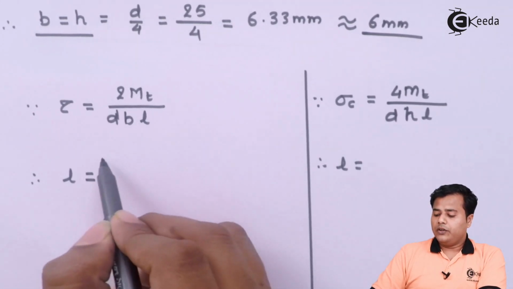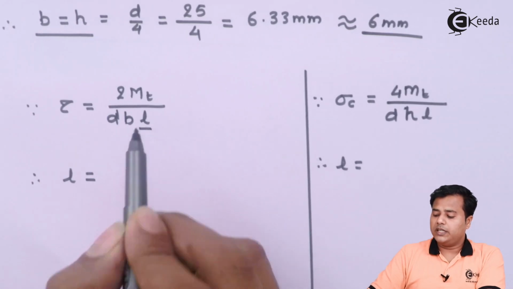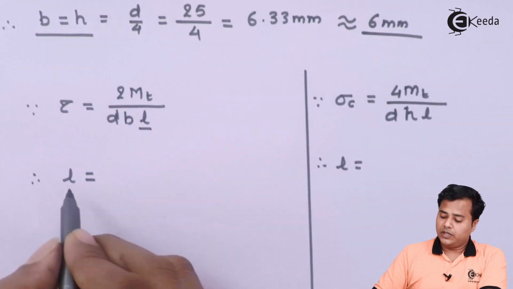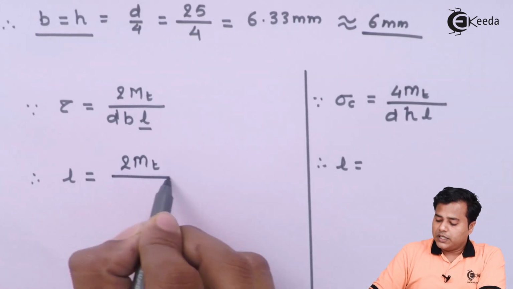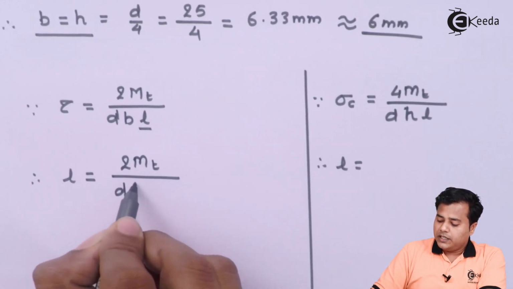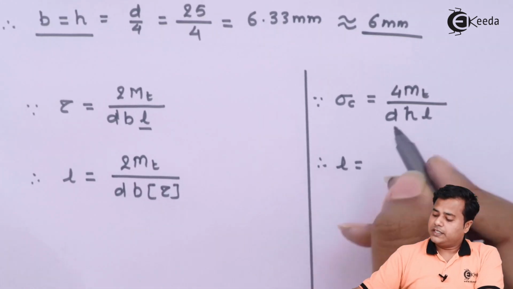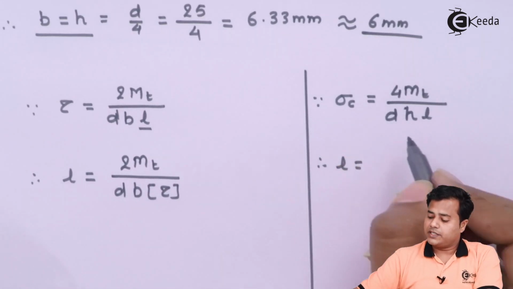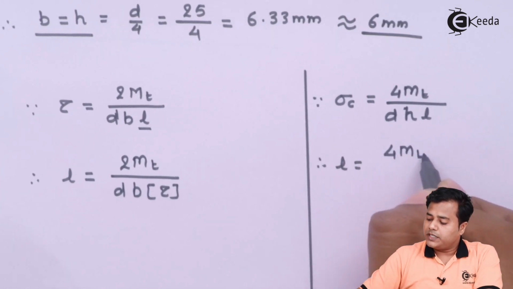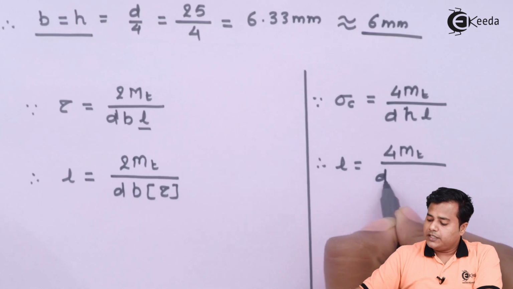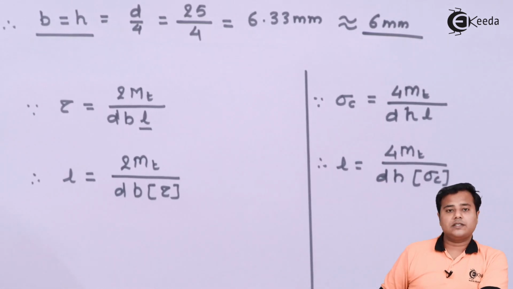Now the value of shear stress is given by this particular formula, and therefore length is the only dimension we need to figure out. So L will be given by 2 times the torque to be transmitted divided by d into b into the allowable shear stress. Same thing for the compressive stress: the length will be given by 4 times Mt divided by d into h into the allowable compressive stress.